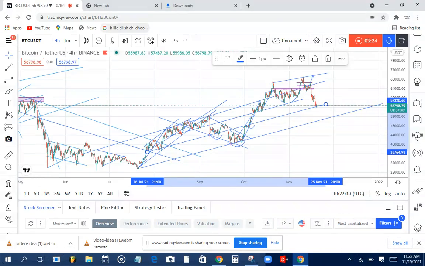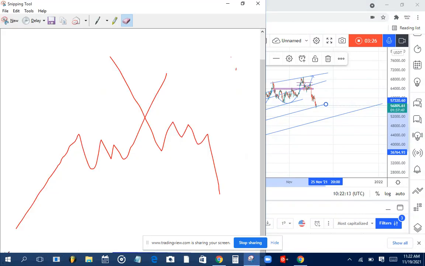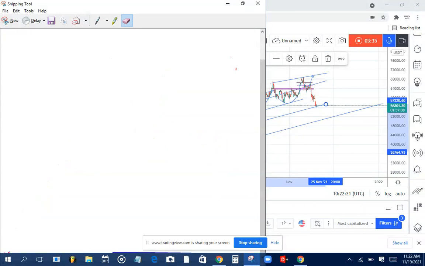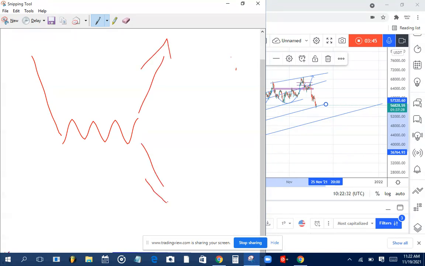Aside from continuation and reversal patterns, we have what I call neutral patterns. These are patterns that come from up or down, whatever direction, and make a sign. It will either go up or come down.